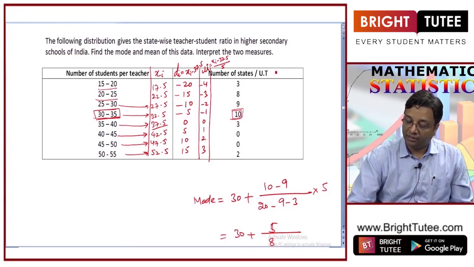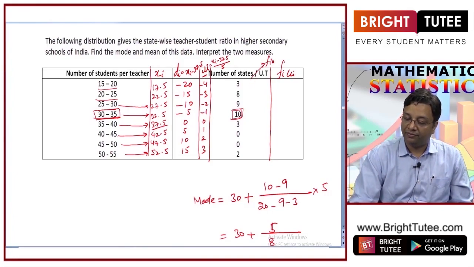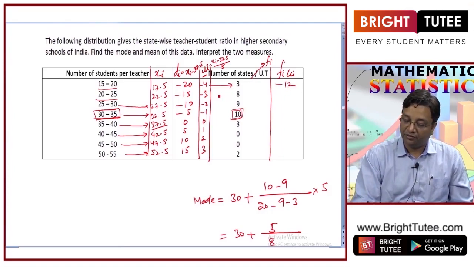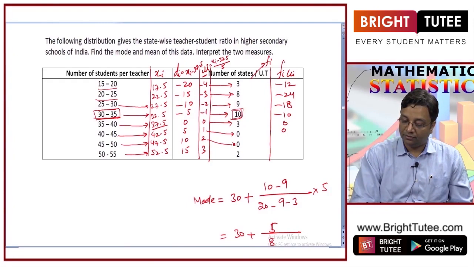Now, I will calculate fi ui, right. So this is fi, this is the frequency, right, and if you multiply it with minus 4, it will give you minus 12, minus 24, minus 18, minus 10, 0, 0, 0 and 6, right.